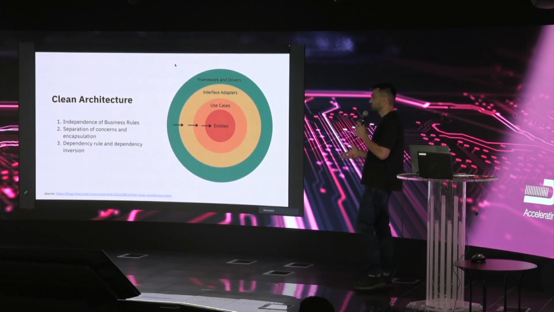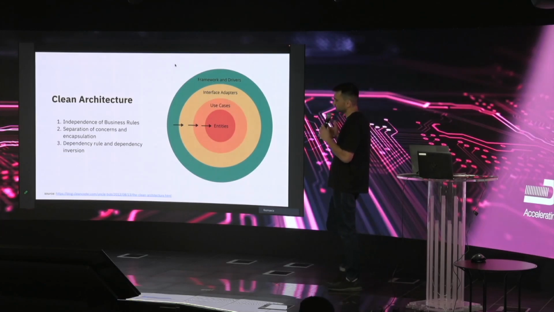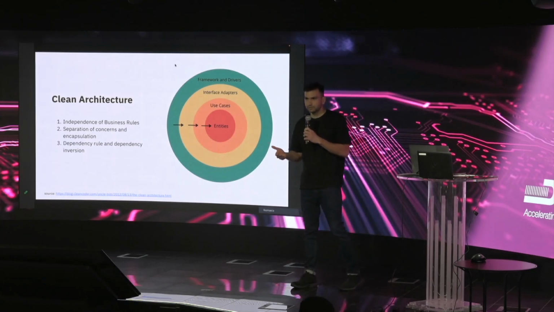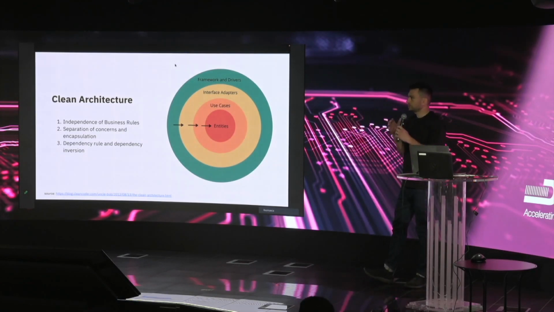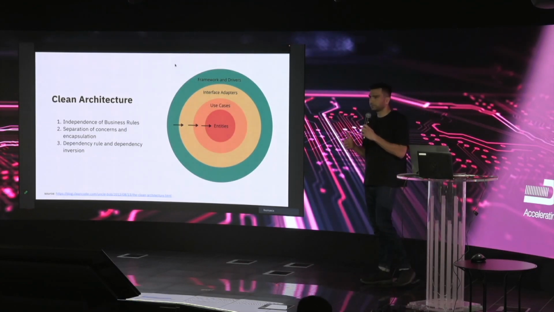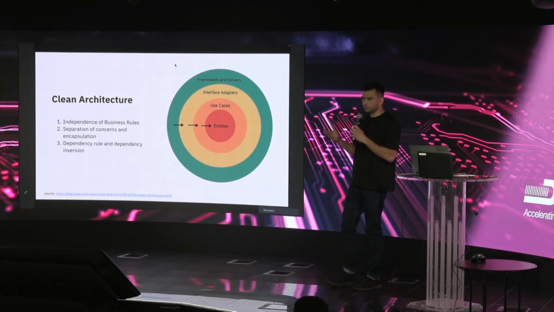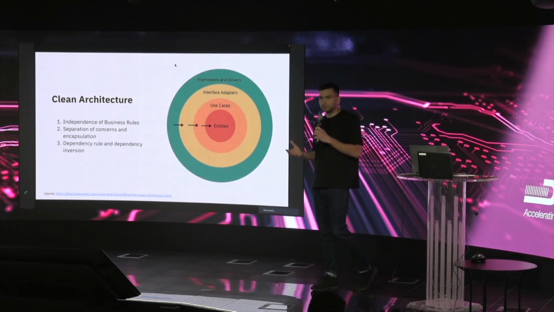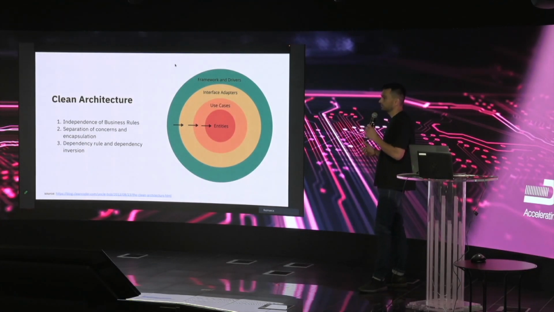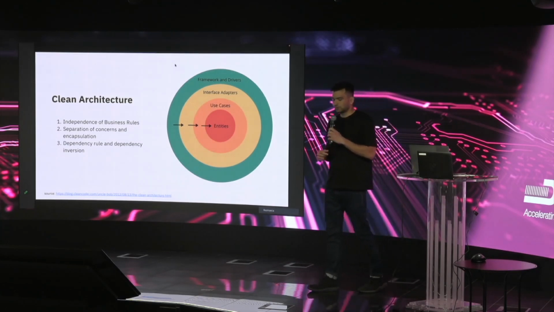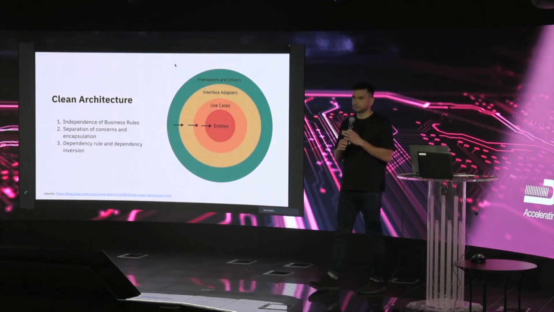So in order to solve it, we just declare an interface in the center of this application. It can be an interface or any other abstract type. And then we can simply use it to implement our business rule. But then we provide an implementation of that interface in interface adapters and wire it with some kind of dependency injection.